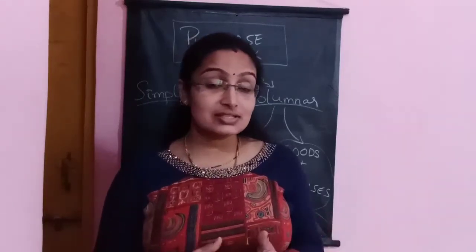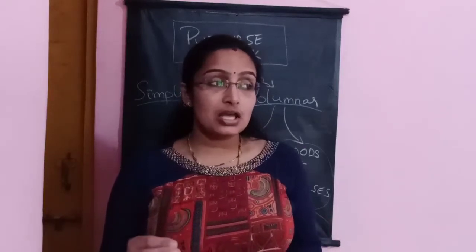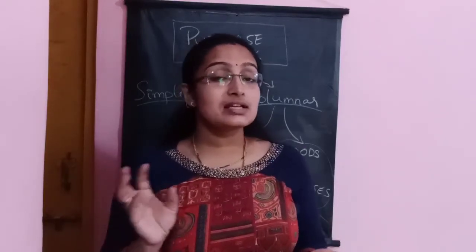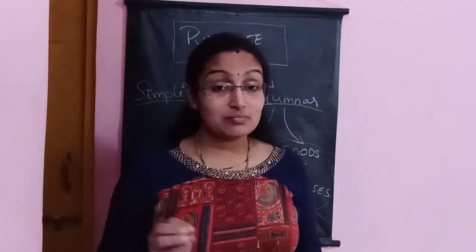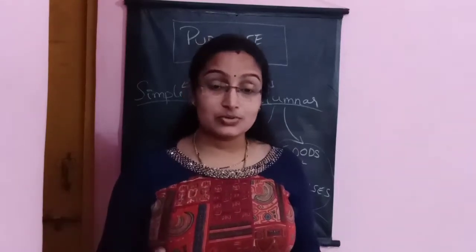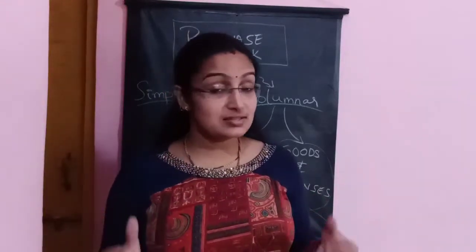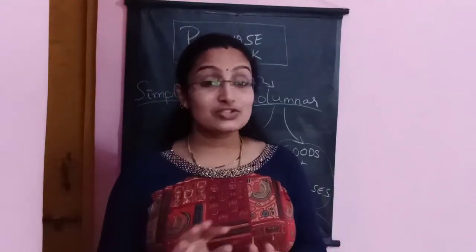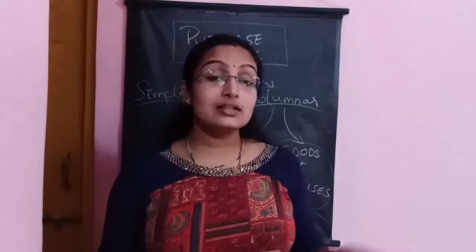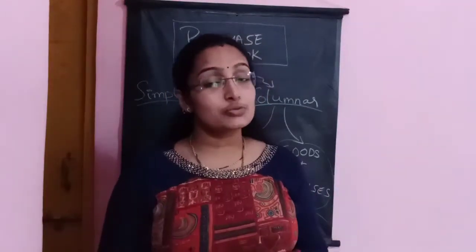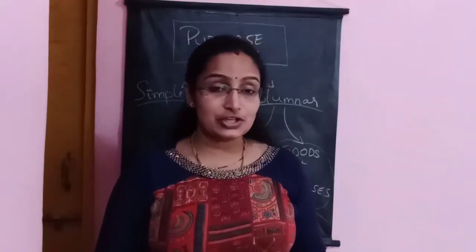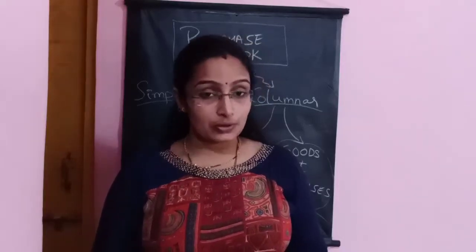Here the partial transaction means if a person buys 10,000 worth of goods and pays 50% of the amount, then only the 5,000 amount which is on credit basis is to be recorded? No, that is not the system for the purchase book. The whole amount of 10,000 has to be recorded as credit purchase in the purchase book.